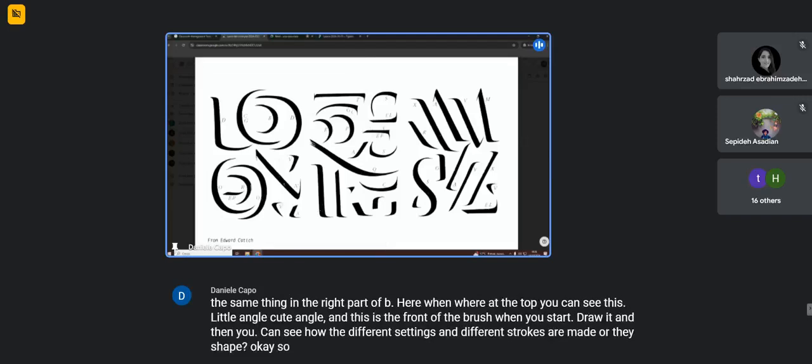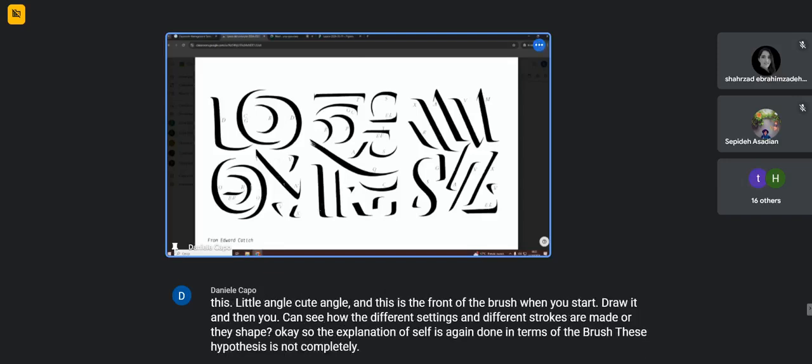Okay, so the explanation of serif is again done in terms of the brush. This hypothesis is not completely speculation.